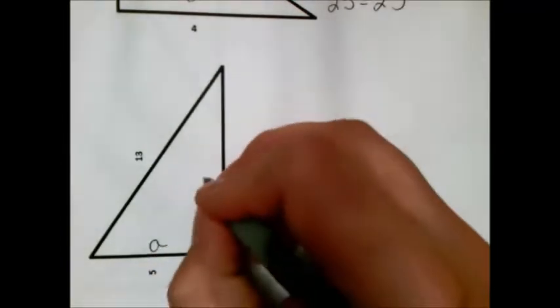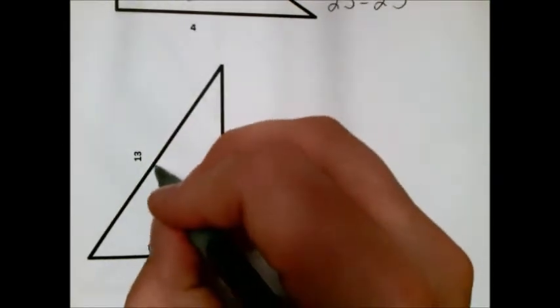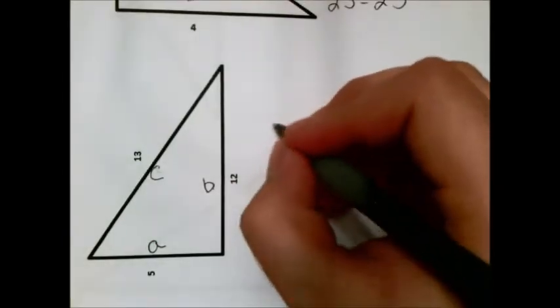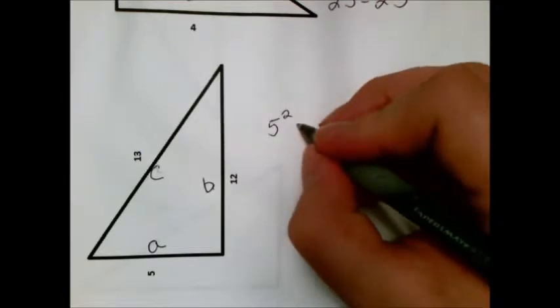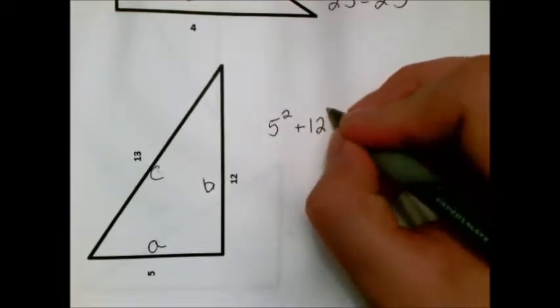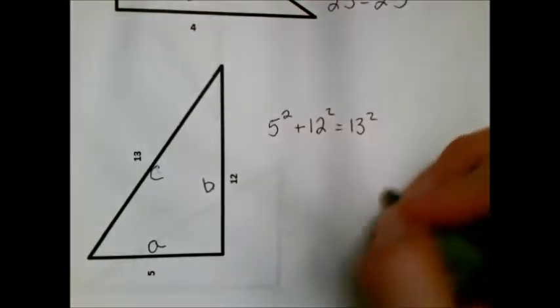Alright, let's look at this one. So once again, we're going to test to see if this is a right triangle. How we do that is by checking if the Pythagorean theorem works. So this is A, B, because they're the two smaller sides, and the biggest side, which is 13, is C. So we say 5 squared plus 12 squared equals 13 squared.